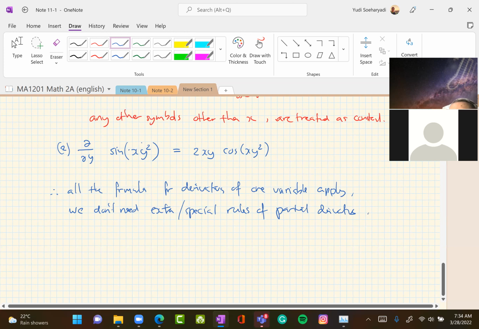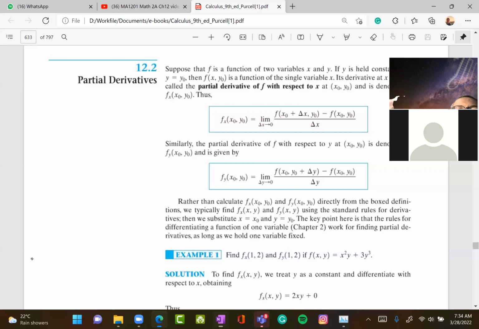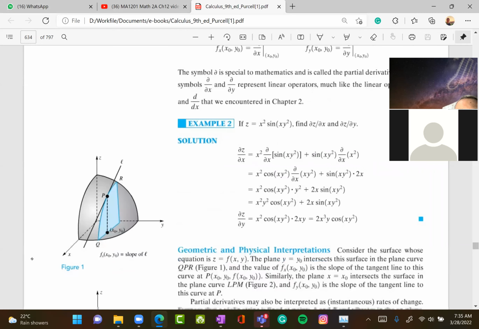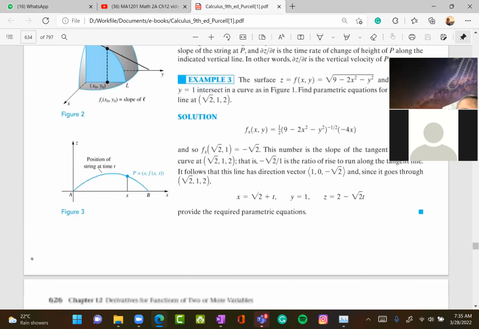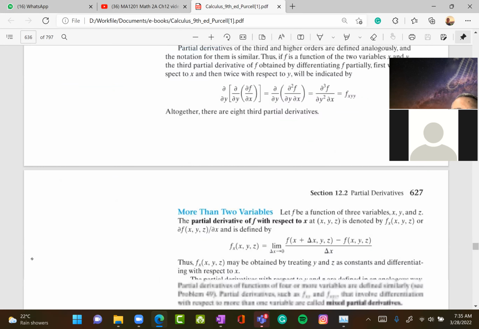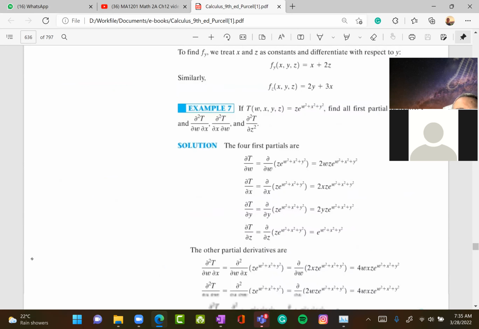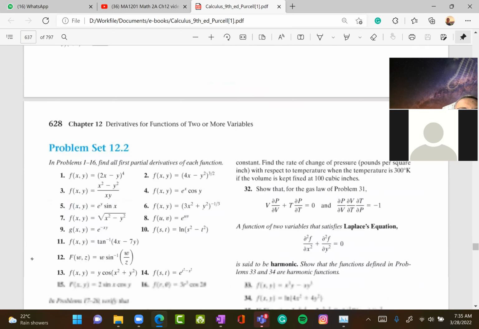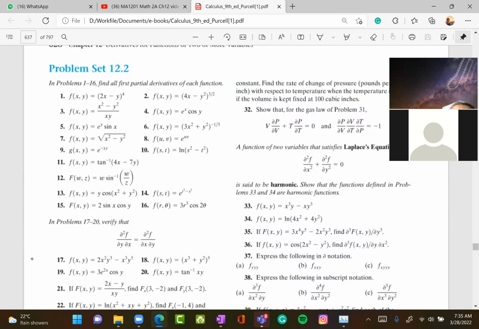Okay, so let's just do some more examples. Let's pick some examples from the textbook. All right, can you see the problem set here?